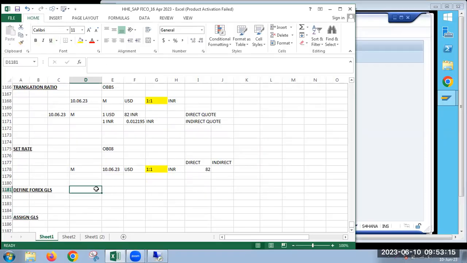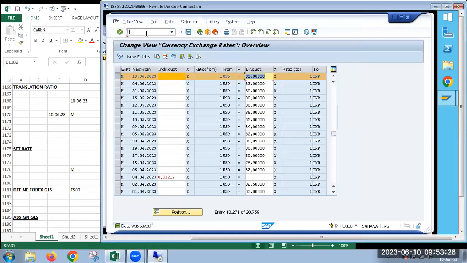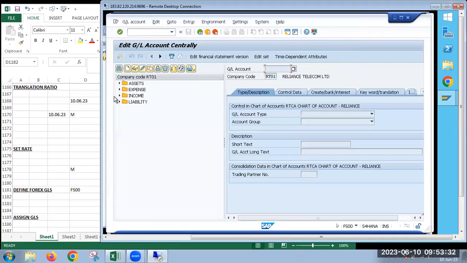First we will specify our forex GLs. In FS00 we will create two GL accounts, forex loss and forex gain. In which group will we create forex loss?